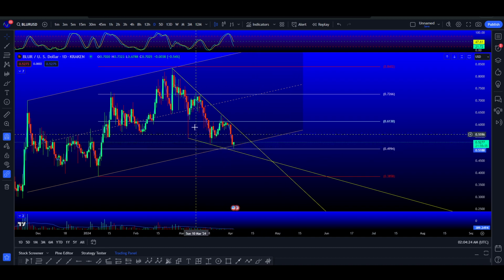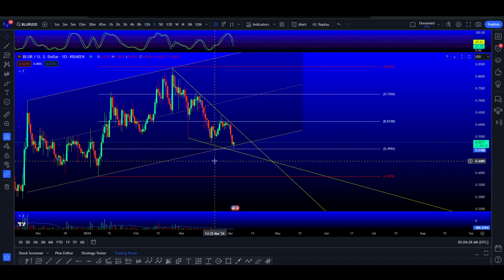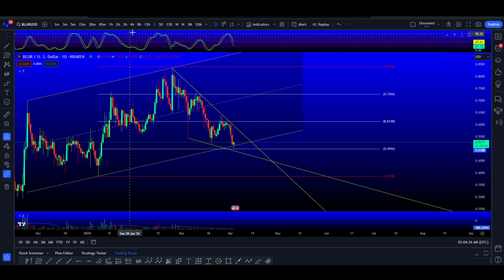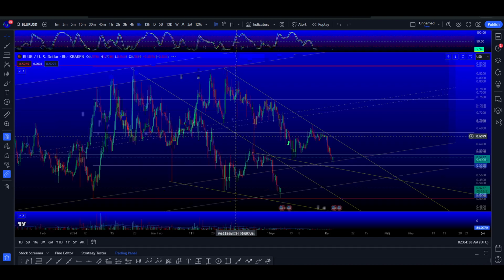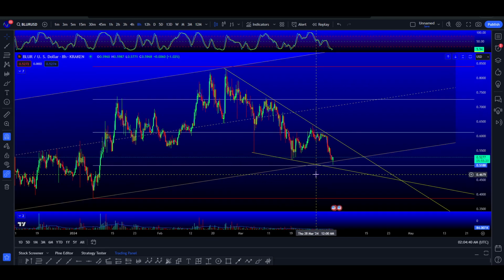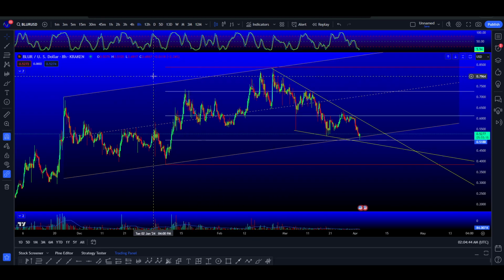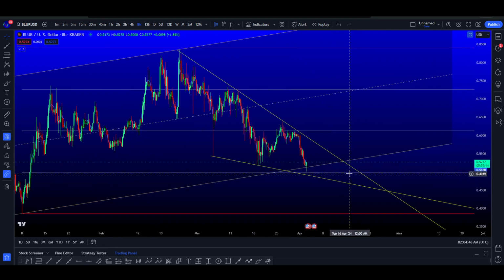Now, with that being said, I'm even more bullish on Blur. As a matter of fact, I think that we will get a decent move up as long as Bitcoin stays neutral or begins to move to the upside, because this really is a very interesting level. So let's just see how everything plays out here in the next up and coming days.